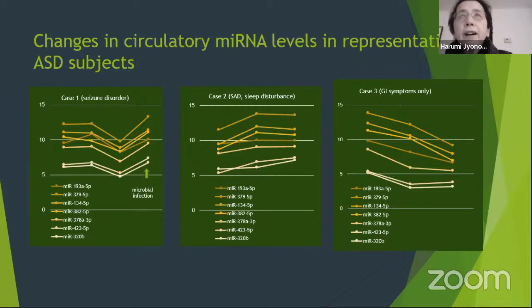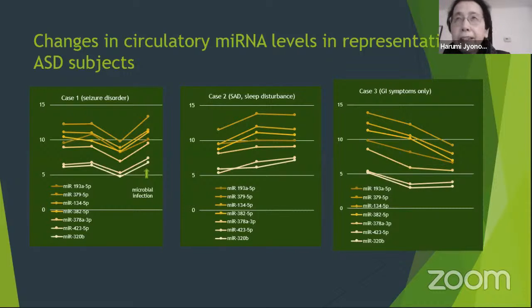So I think those circulatory microRNA levels might be a good marker for disease activity, especially when the PCR count is high, which means circulatory levels stay low.